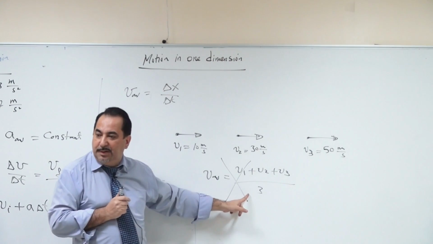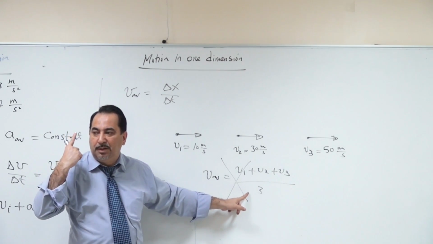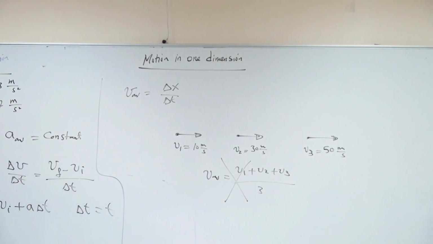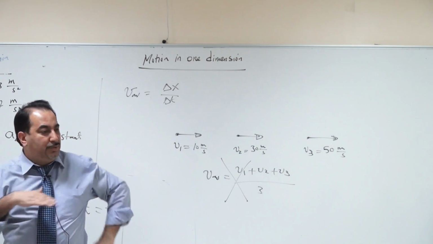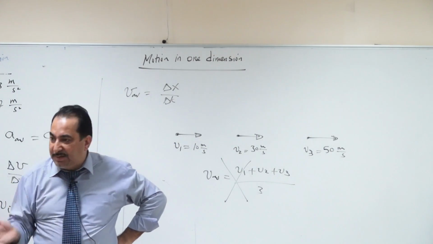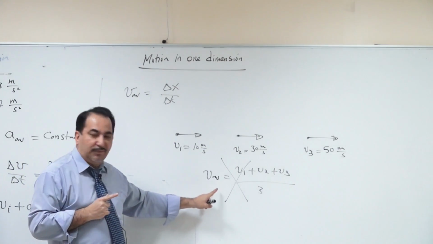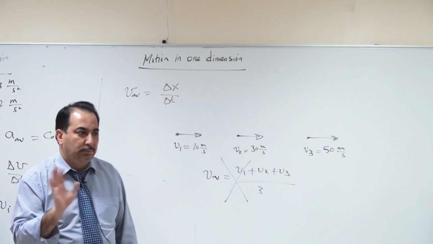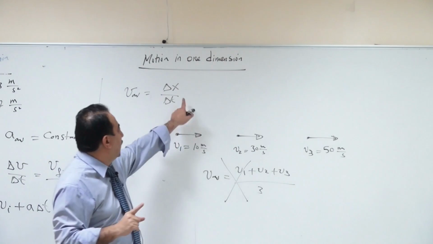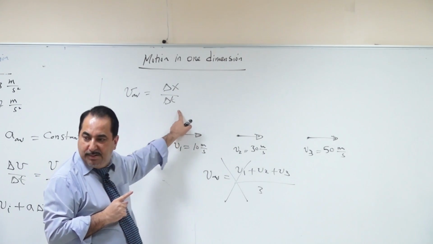This is allowed in one condition. If the object moves with constant acceleration, it's allowed. So when you have a problem of motion in one dimension, you have to make sure that first the acceleration is constant to say average velocity is this. But if you are not sure, you can't find average velocity except if you have delta x over delta t.